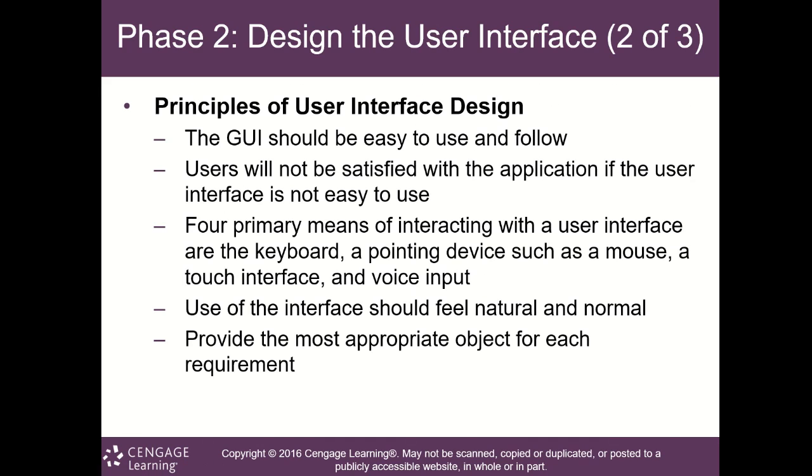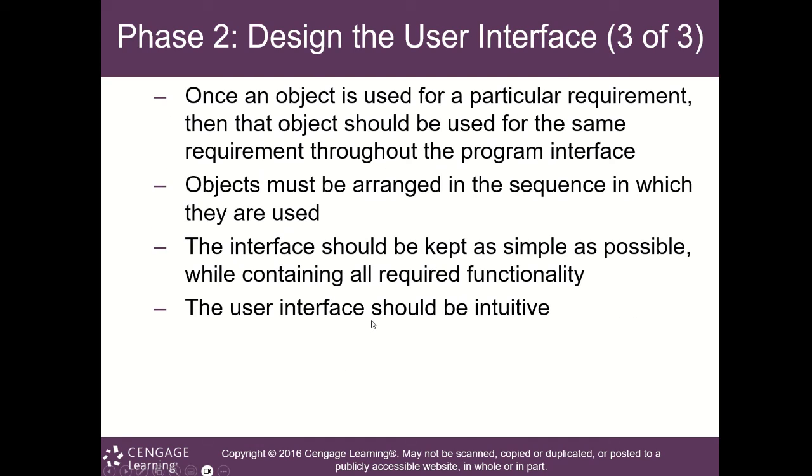Here, I should mention that the programmer should consider the accessibility requirements. That is a separate part, but a very important part of the UI design. The next step is that once an object is used for a particular requirement, that object should be used for the same requirement throughout the program interface.